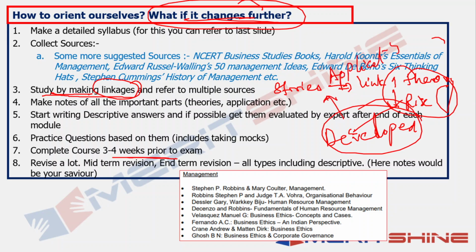The linkages should be clear to you, because with so much theory of management, until and unless you make them easy to remember for yourself, you are not going to remember it. That will only be done through making proper linkages, understanding the background of it, the story of it. Getting my point? Right?